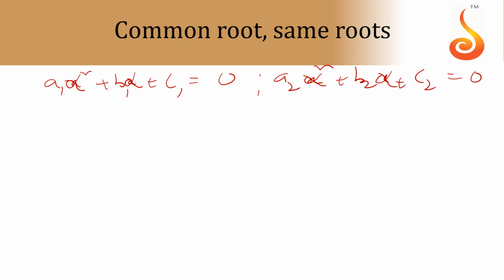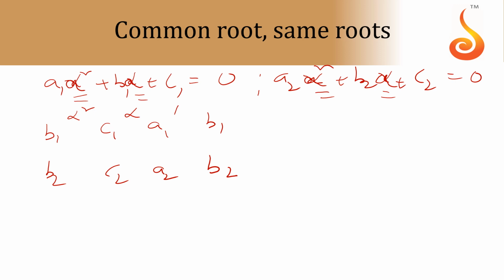Then if you treat alpha square and alpha as two variables, you can write the cross multiplication procedure: b1 c1, a1 b1, b2 c2, a2 b2. So in between these two, alpha square, alpha, 1. So you know downward minus upward, downward minus upward, cross multiplication procedure.